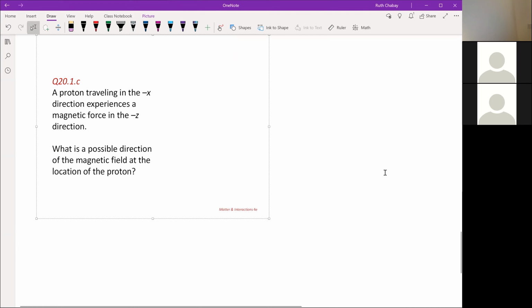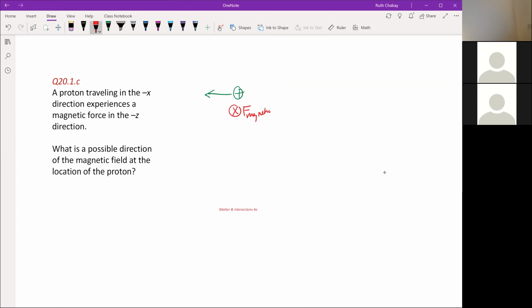So we have a proton traveling in the minus x direction. It experiences a magnetic force in the negative z direction. What's a possible direction of the magnetic field at the location of the proton?